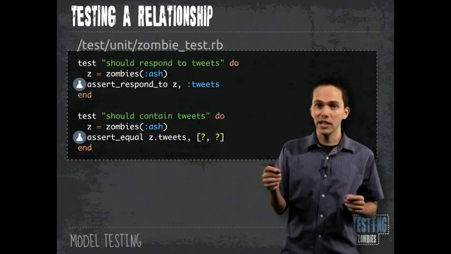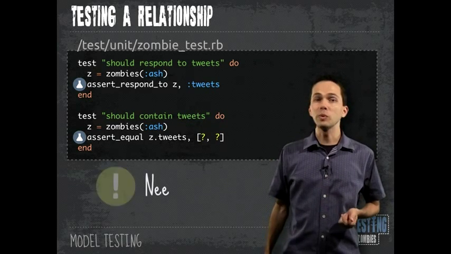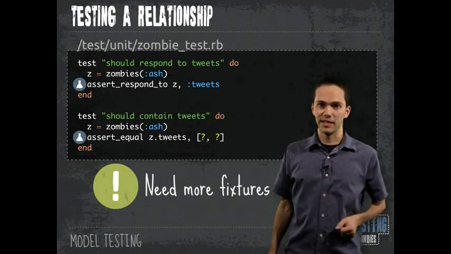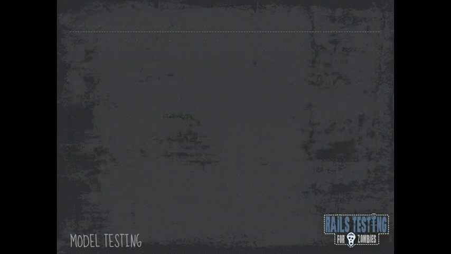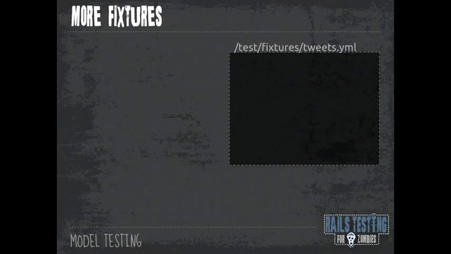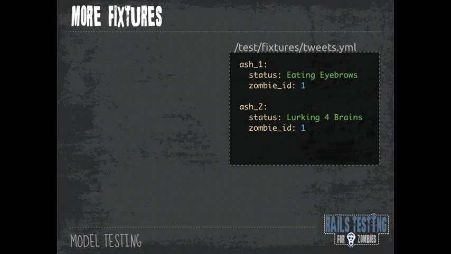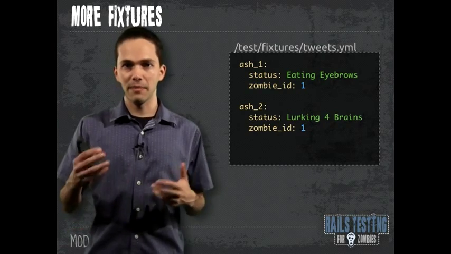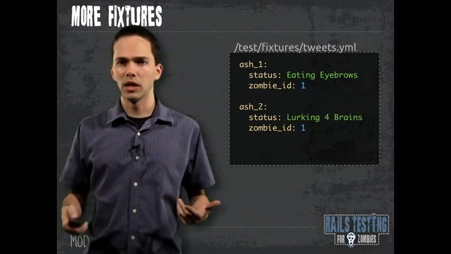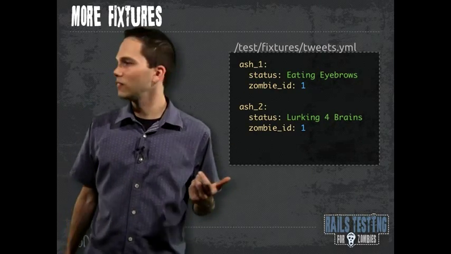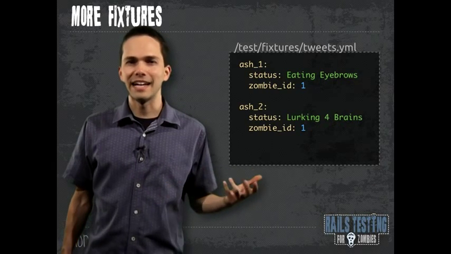So this might be a good chance to go back and add some tweets fixtures which we can use for this test. Here inside the tweets fixture, we're going to declare 2 tweets. We have Ash's first tweet and Ash's second tweet. You'll notice that each of them has a zombie ID 1. But if you remember back to our zombie fixture, we never declared any IDs.